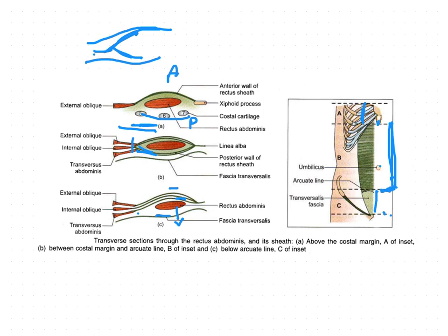So these are the levels of the formation of the rectus sheath. How are the walls? The lateral wall is by the linea semilunaris and the medial wall is by the linea alba. That is common for all these regions. Now coming to the contents of the rectus sheath.